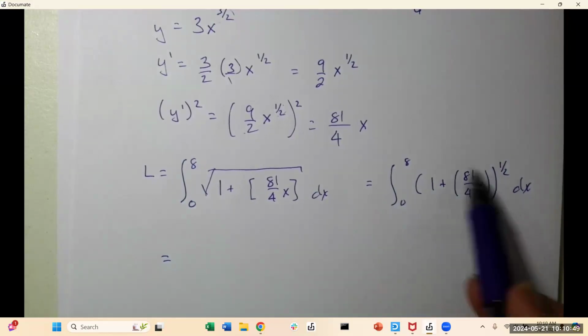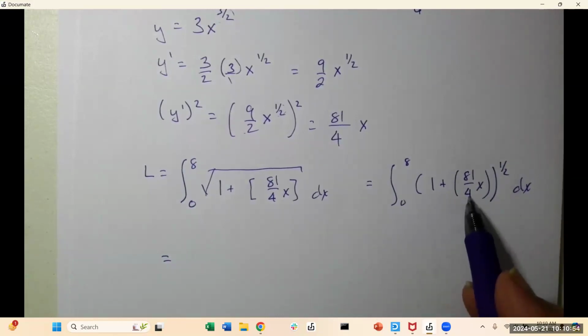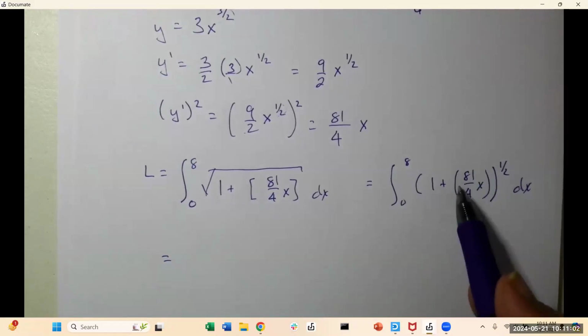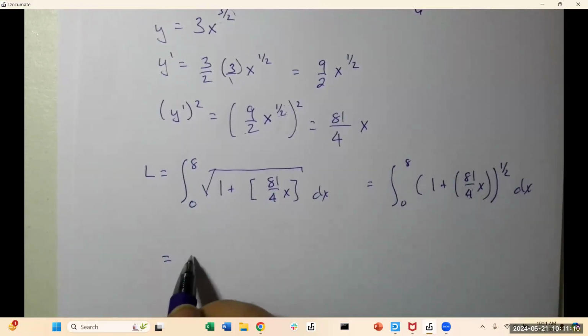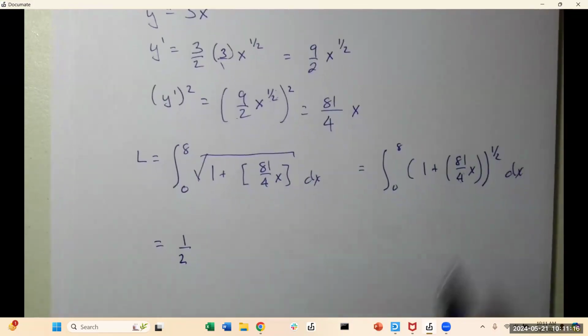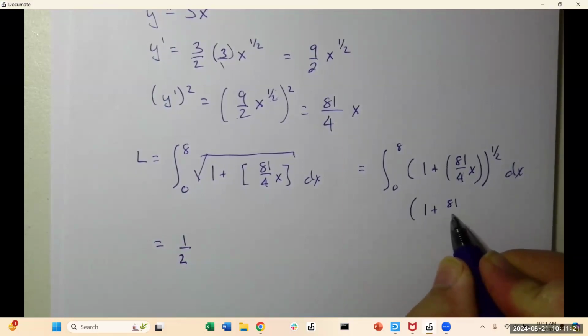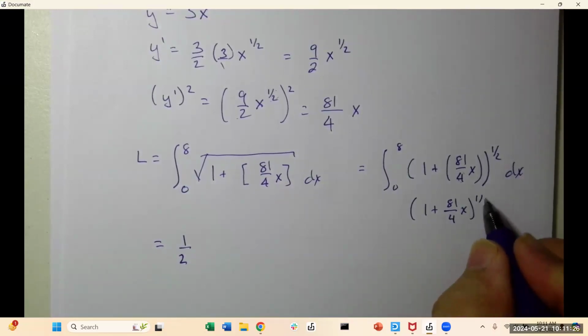So the integral on the inside, remember this is our derivative. Here we can take out the 4, and that's going to be 1/2 because it's a square root. So here we have 1 plus 81 over 4x, to the power 1/2.